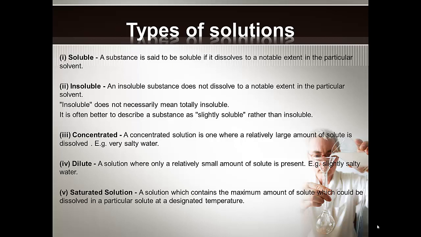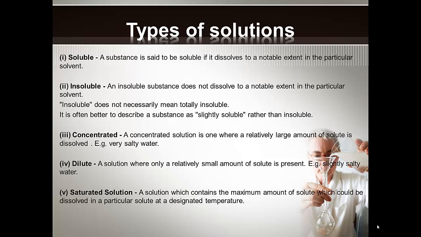If it's said to be insoluble, it does not necessarily mean that it is totally insoluble, because it might be 0.0001% soluble and the rest might be insoluble. To the observer, you would say, oh, that's insoluble, but really it is slightly soluble. So a better term to use is slightly soluble, and this is the term that we will use when we're looking at solutions later on. Slightly soluble really means insoluble.